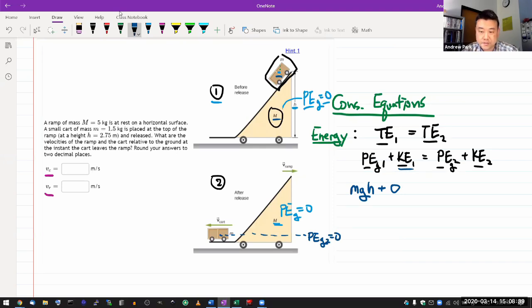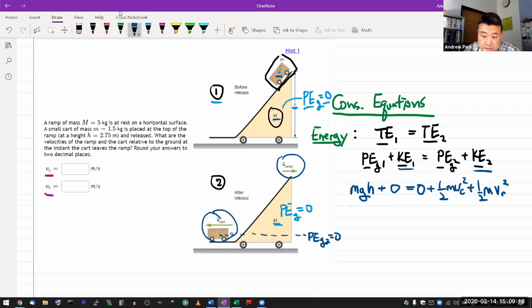So I'm going to say just 0 potential energy at the end. And for the kinetic energy, I have to be sure to write them separately: kinetic energy of the cart and kinetic energy of the ramp. So plus 1/2 mass of the cart times its speed, v sub c squared, plus 1/2 mass of the ramp, v sub r squared. So this is the expression for conservation of energy.